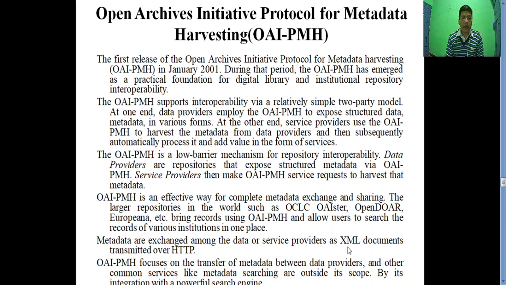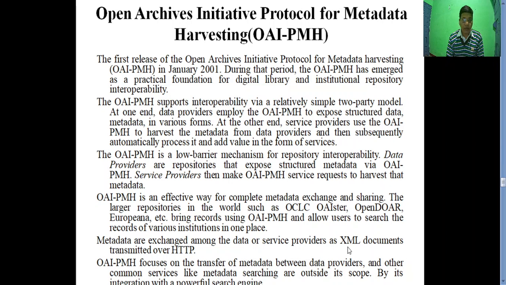At one end, data providers employ the OAI-PMH to expose structured metadata in various forms. At the other end, service providers use the OAI-PMH to harvest the metadata from data providers and then subsequently automatically process it and add value in the form of services.